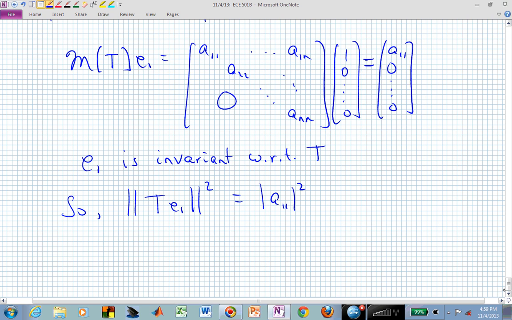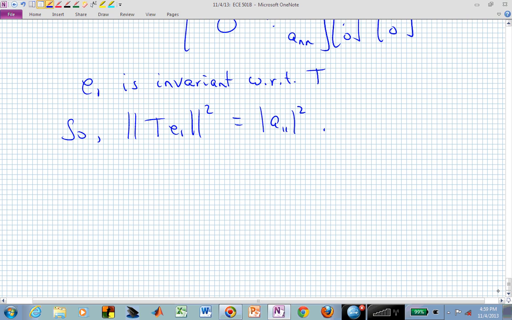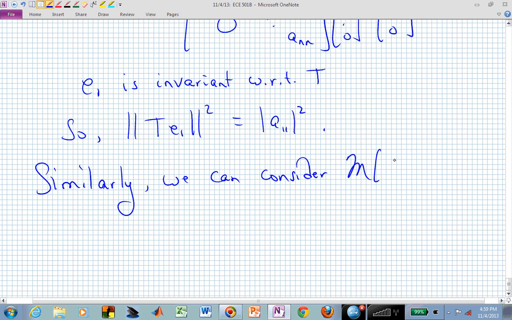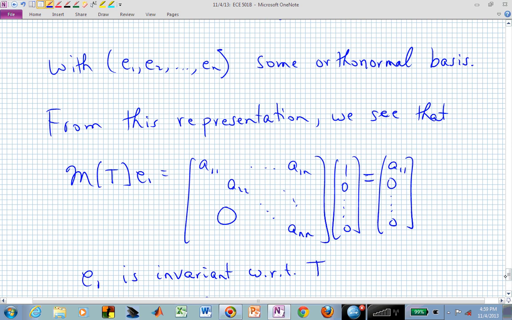Now, what happens if we looked at the matrix representation of the adjoint of T? The matrix representation of the adjoint is the complex conjugate transpose of T, and we said the matrix representation of T was this upper triangular matrix.